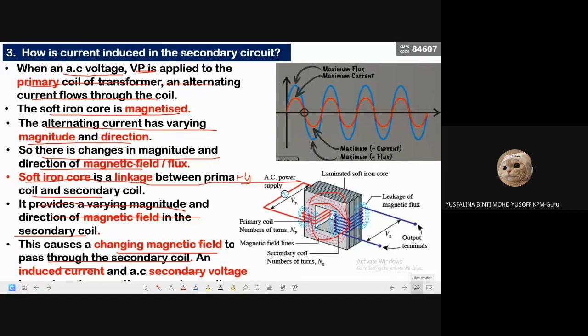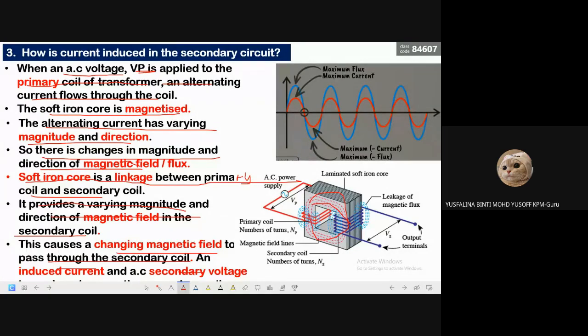So I explain again. When the AC power supply flows through the primary coil, there will be a magnetic flux, and the soft iron core will magnetize. The alternating current has a varying magnitude and direction.